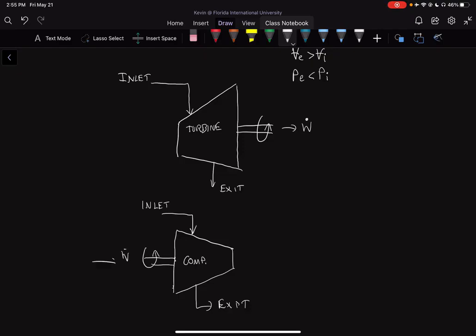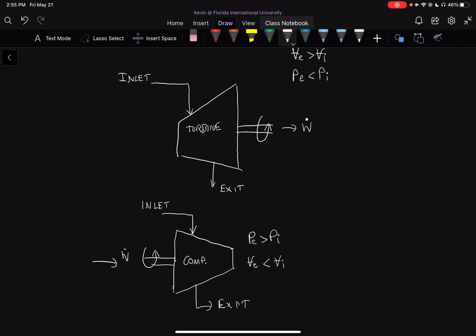Work, or power, is coming into the system to increase the pressure of the system. The pressure at the exit is greater than the pressure at the inlet, and the velocity at the exit is less than the velocity at the inlet. So it's a way for us to increase the pressure.